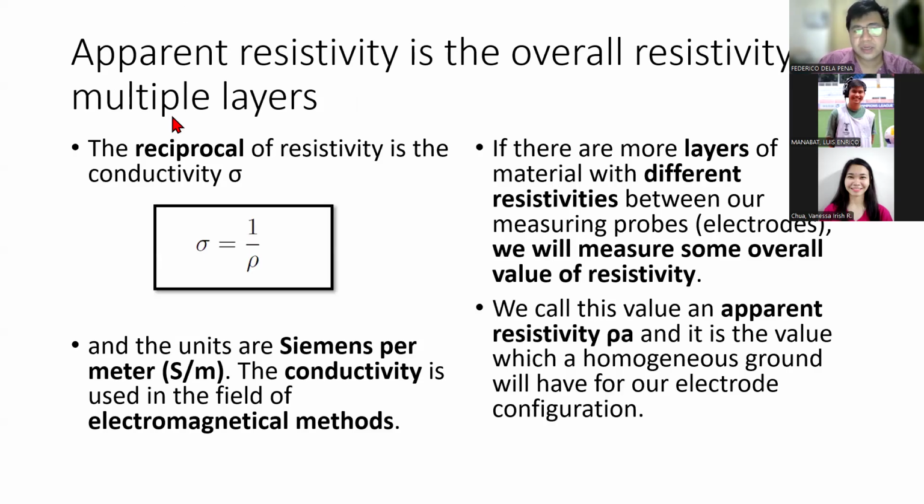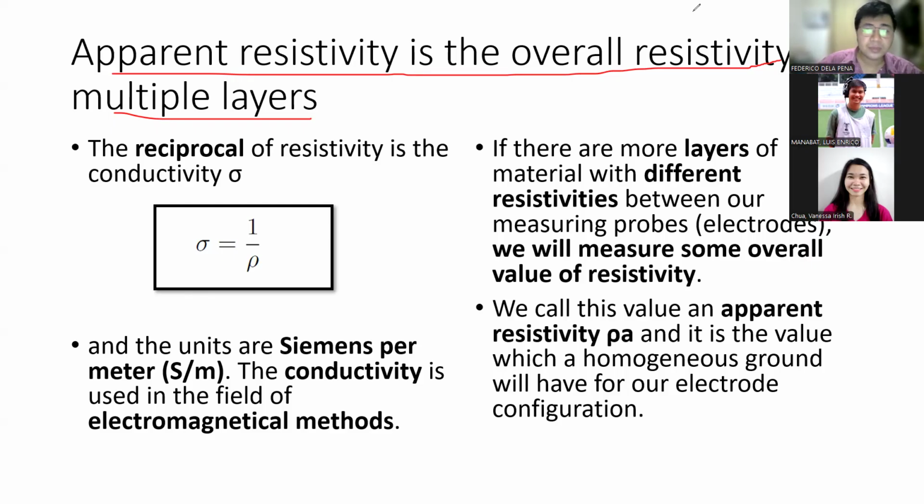Another principle here is that apparent resistivity is the overall resistivity of multiple layers. I think we briefly tackled this in the previous lecture, with the stacking velocity. Or a better analogy is the two-way travel time, which is always about the time you spend traveling through the layer plus all the overlying layers.